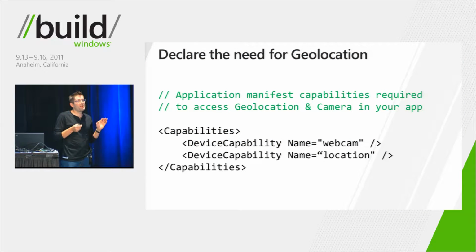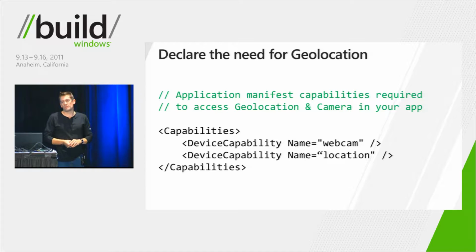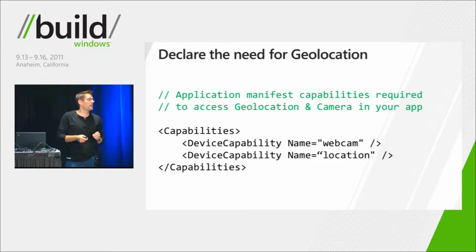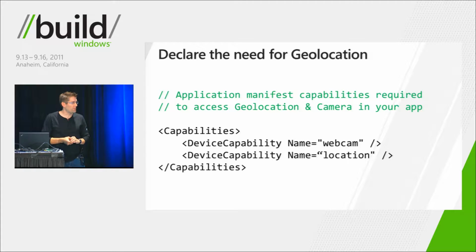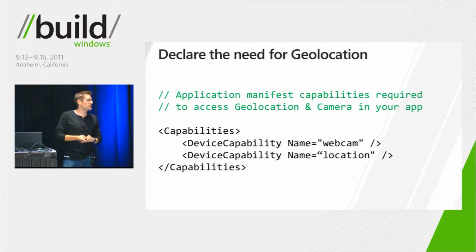So let's talk about what it takes to add location support to your app. The first thing that we need to do is declare the device capability for location. So I talked about the ability for us to write a webcam application that could acquire photos and geotag the photos. If we were going to write such an app, in our app's app manifest file, which is an XML file that contains metadata describing the app and declares its capabilities, we would see a couple specific entries, one for the webcam, one for location.